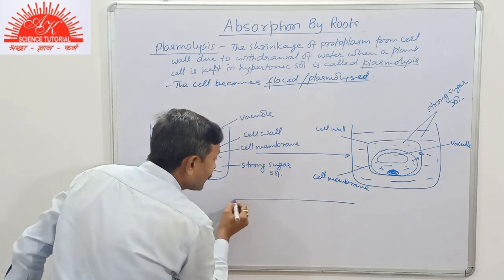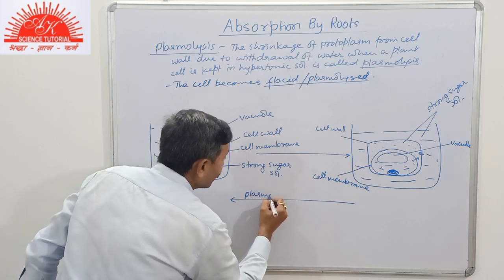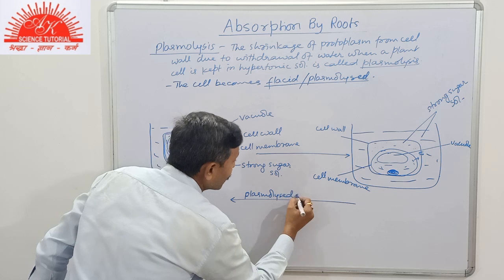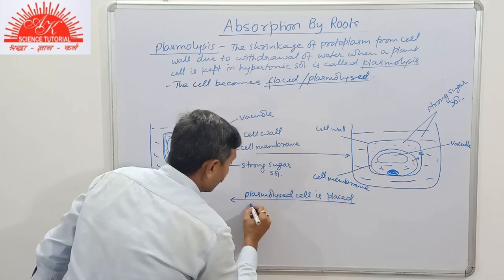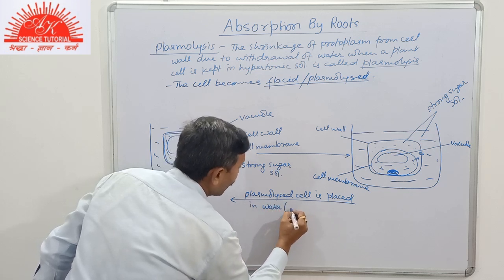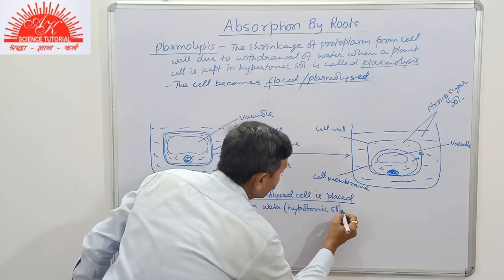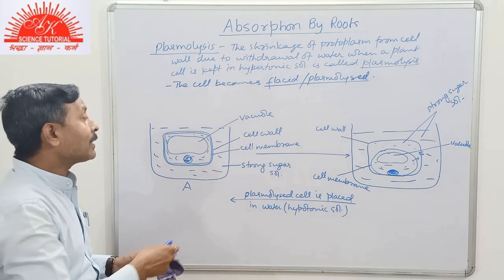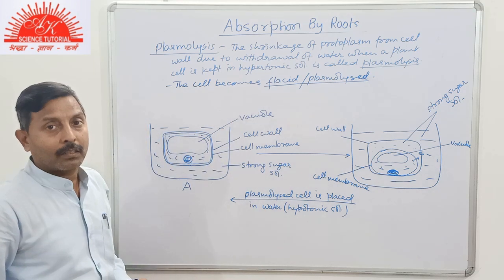So if the plasmolyzed cell is placed in water or hypotonic solution, it will restore its normal condition or state.